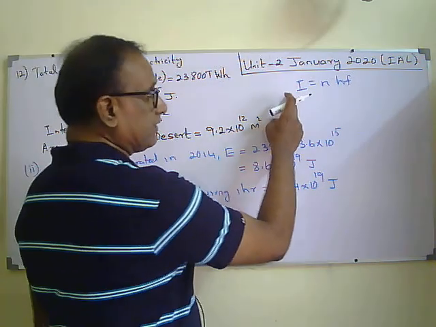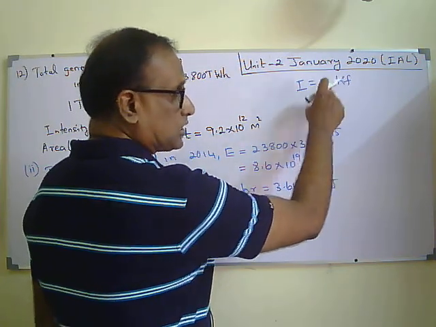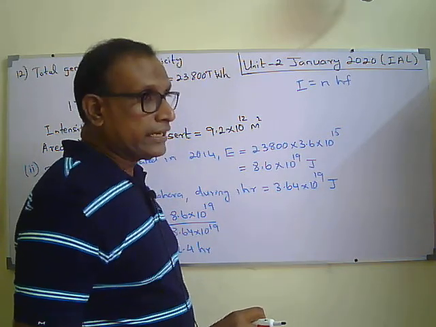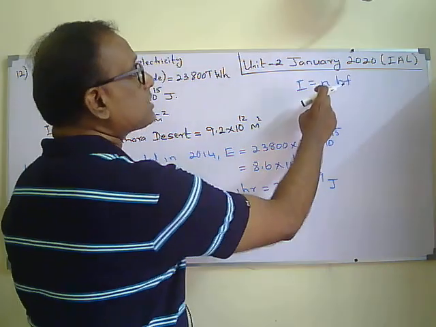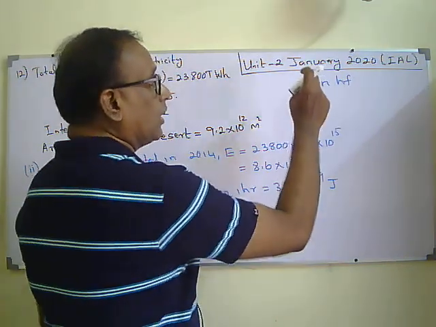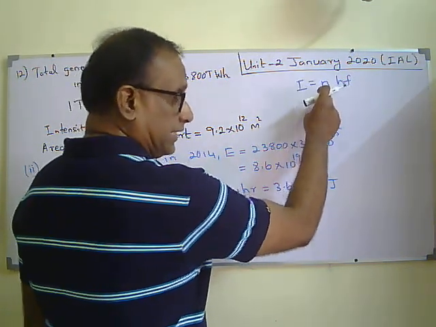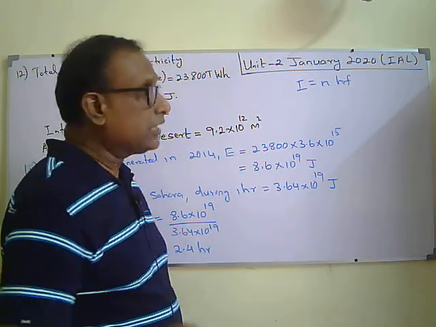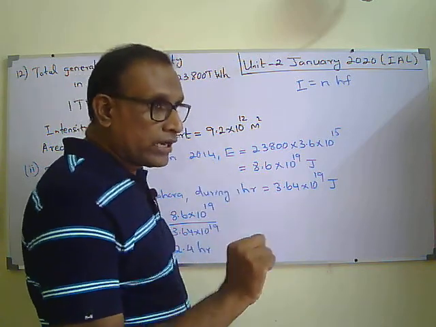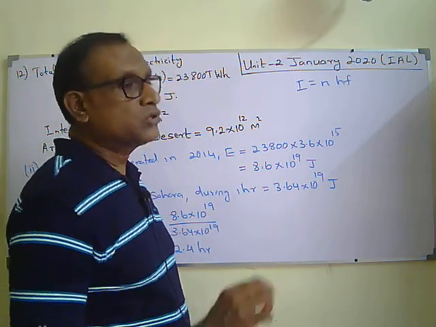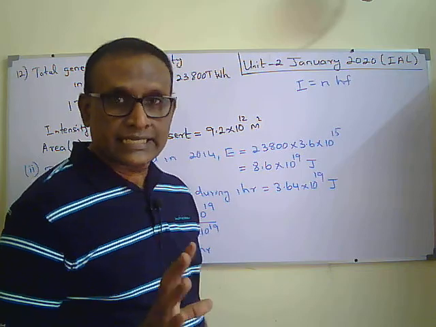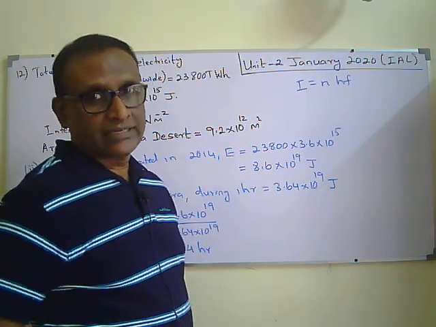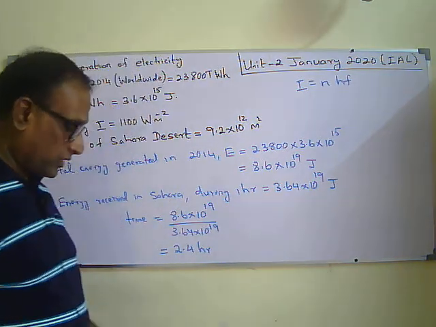So when the intensity decreases, n will decrease. n means the number of photons falling on the solar panel per unit area during unit time. So one photon removes only one electron. So the number of electrons removed per second will decrease. That is, current flow will decrease. Okay, so that's the answer for the B part.